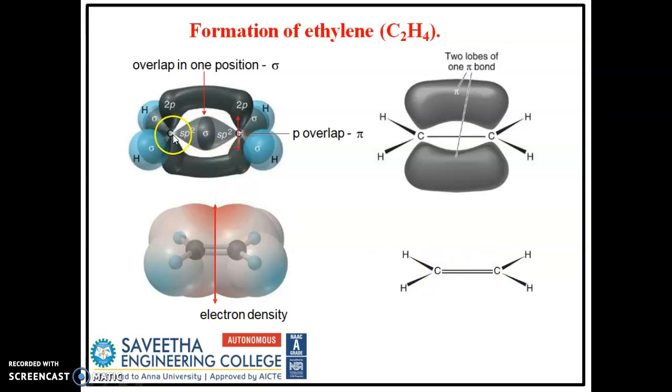The sigma bond is formed between the two carbon atoms by pp overlapping, that is, the px orbital of one carbon atom and the px orbital of another carbon atom overlap and form a pp sigma bond. The other bond is a pi bond, and it is formed by the sidewise overlapping of two py orbitals of the two carbon atoms. And the other type of sigma bond is also there between carbon and hydrogen.